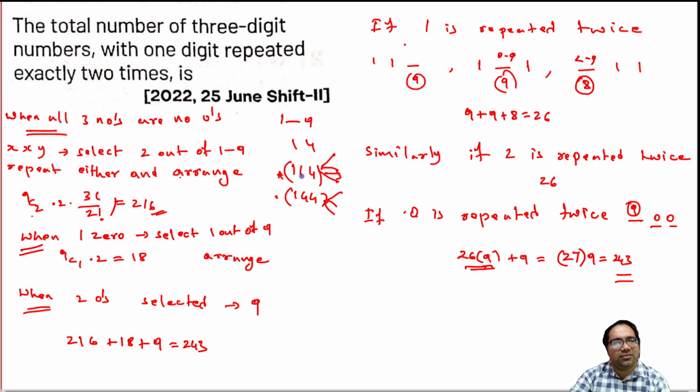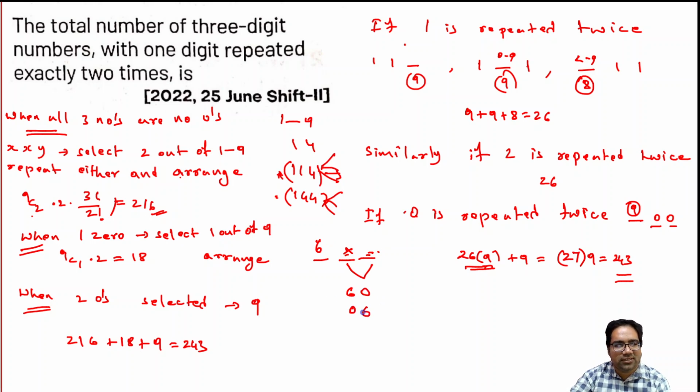When one of them is zero, that means we have to select one among nine. Then two digits are fixed, whatever we have selected we have to pick that only, but these two can be interchanged. For example, if you selected 6, then among these two, one of them will be 6 and another will be 0.